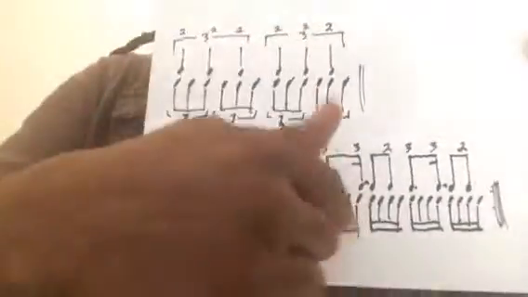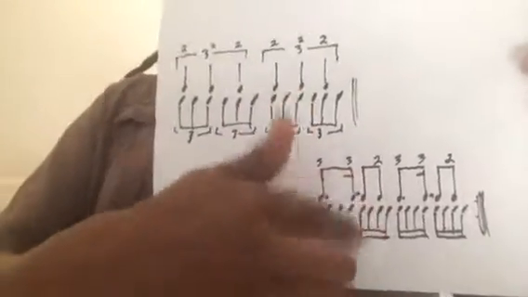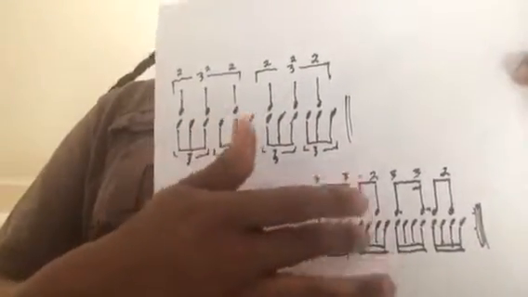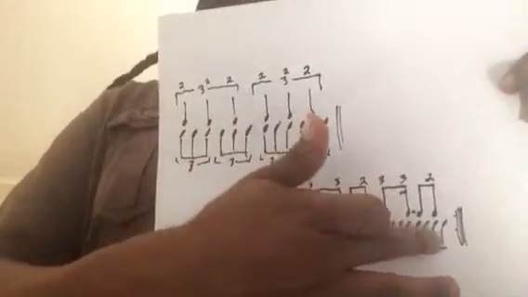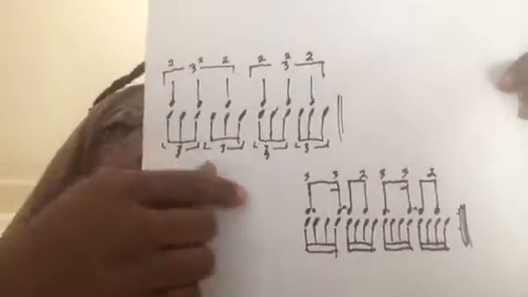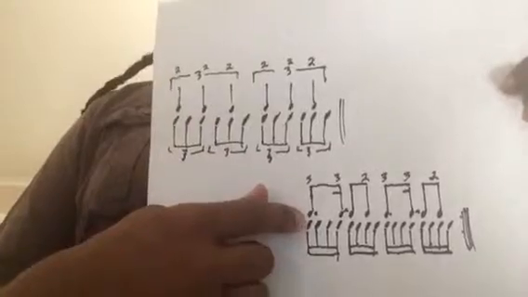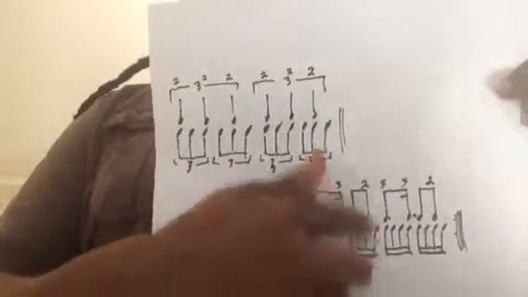So basically this rhythm here gives you that kind of sound. You'd hear this rhythm a lot in music of the Caribbean, and also it's kind of like half a clave.